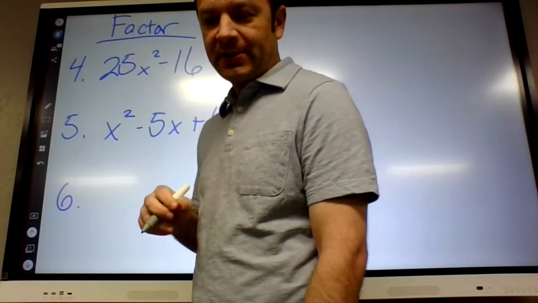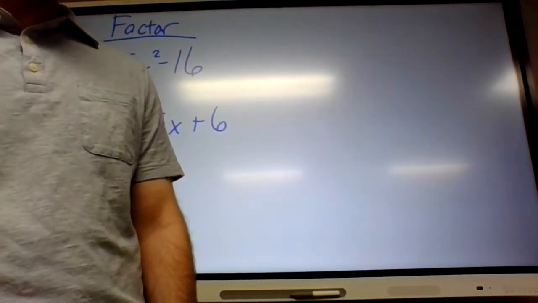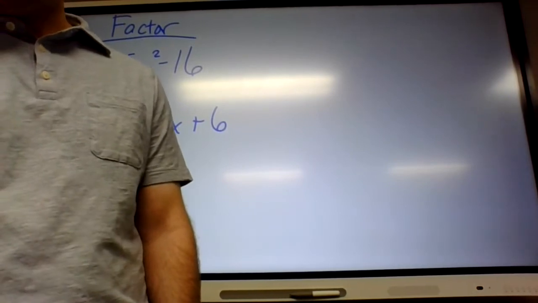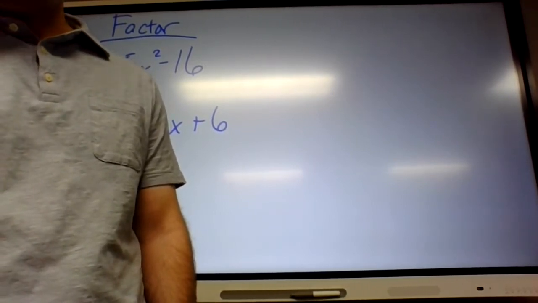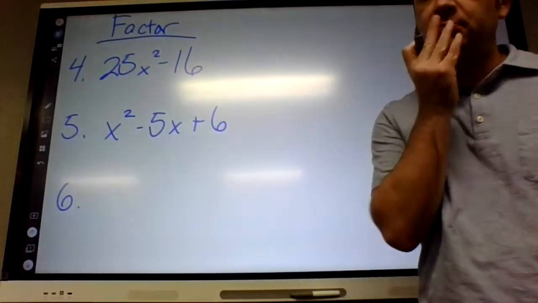I might have to skip one of these for time, but we'll try to get as many as we can. I'll do 25. I'm gonna try. Wait, so what were the type of problems that we just did? We just did binomial.